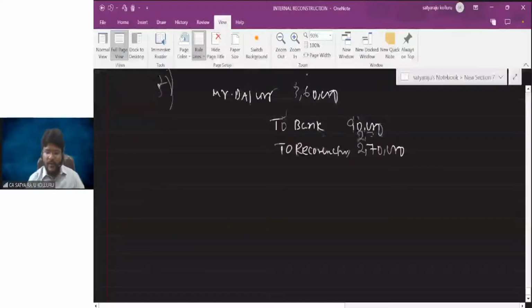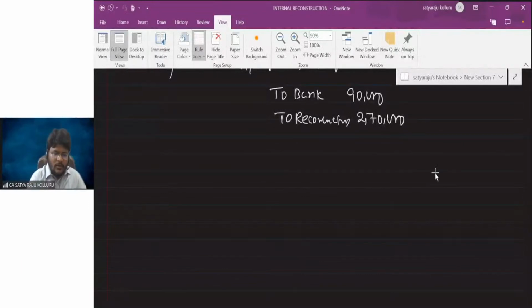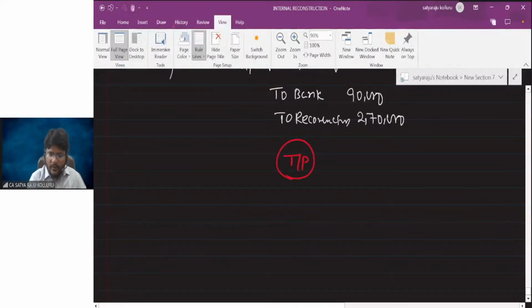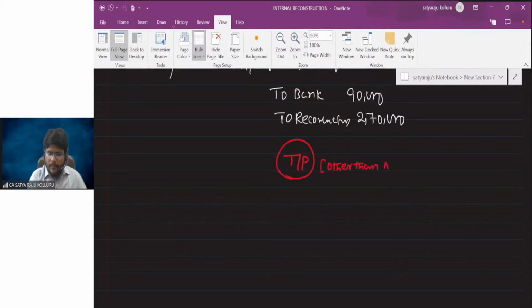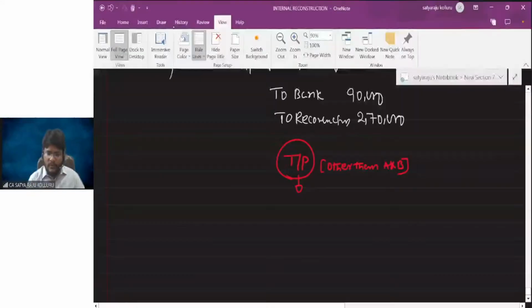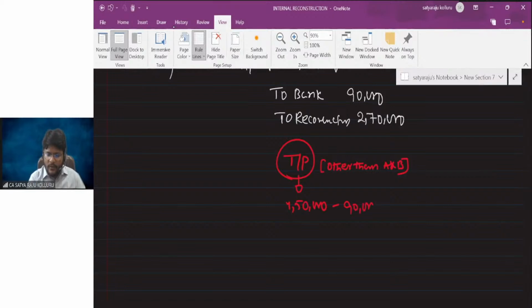Come to trade payables, in bracket, other than A and B. Total trade payables were 4,50,000, out of which for A 90,000, for B 60,000, as we just saw. That is 1,50,000. 4,50,000 minus 1,50,000 is 3 lakhs.